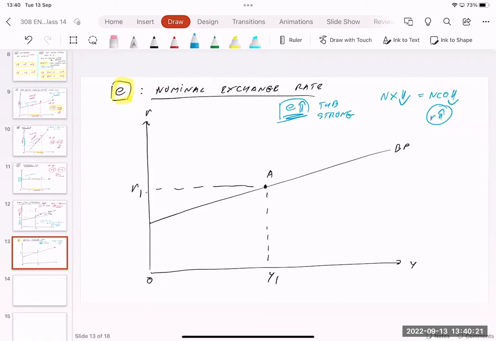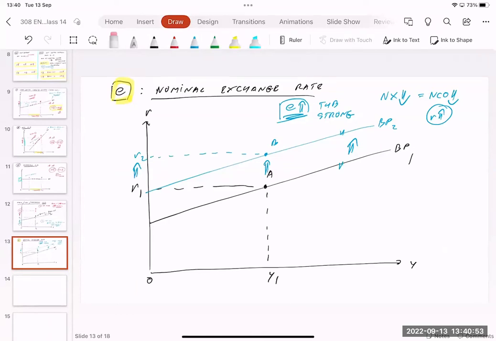That's why the BP curve is going to shift up parallelly, because GDP is the same, but we need to increase the real interest rate from A to B, from R1 to R2.